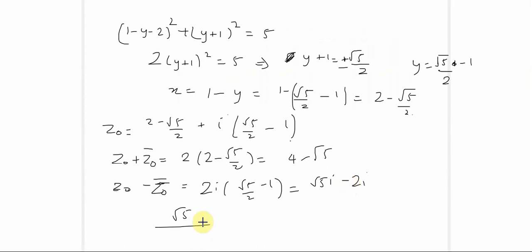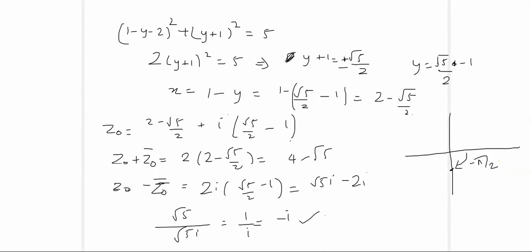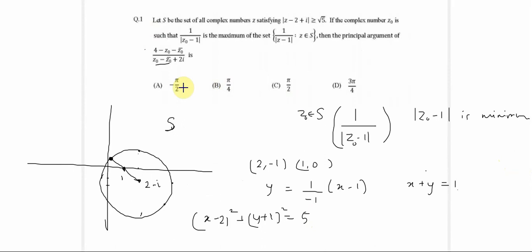So we got minus 2i here, which cancels out, which gives us root 5 by root 5 i, which is 1 by i, which is minus i. Now we know the argument of this. Minus i is here and the argument is minus pi by 2. So that's our answer. Yes, it's in the options.